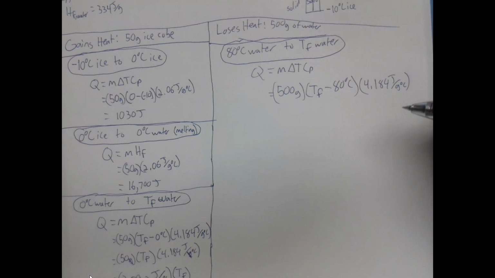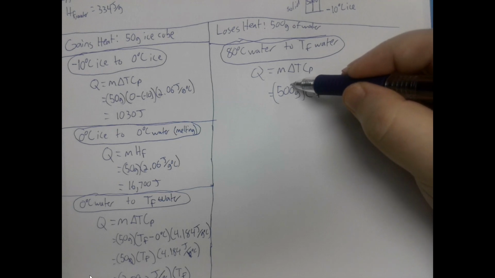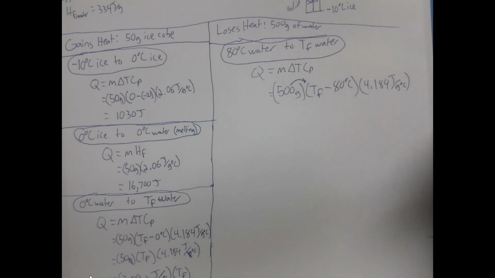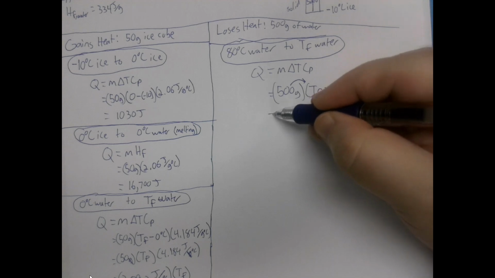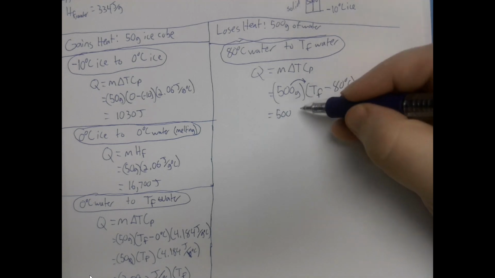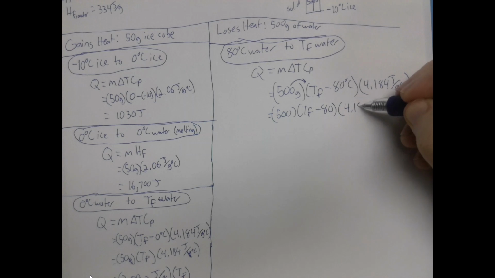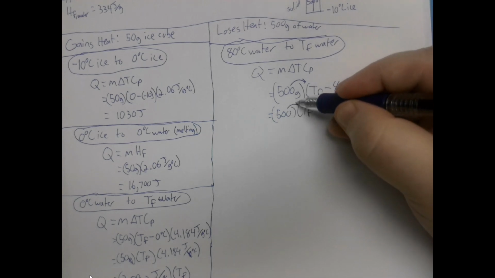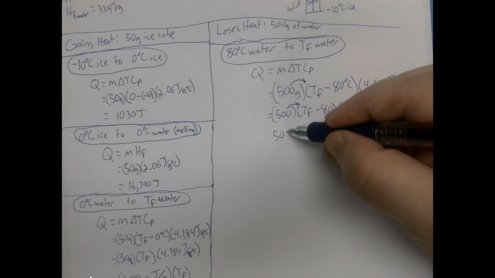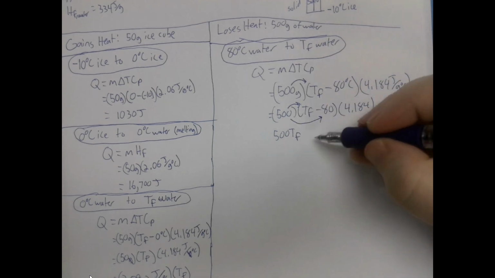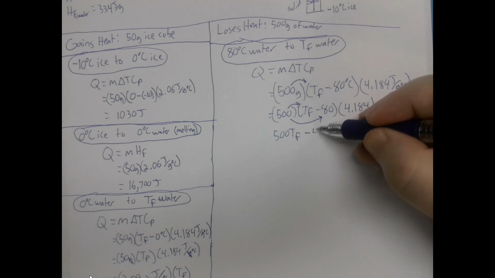We can now do some simplification. We can FOIL this: 500 times TF. I'm going to drop the units right now, because it's a hassle to keep units on while doing this simplification. So 500 times TF is 500 TF. 500 times minus 80 is going to be minus 40,000.